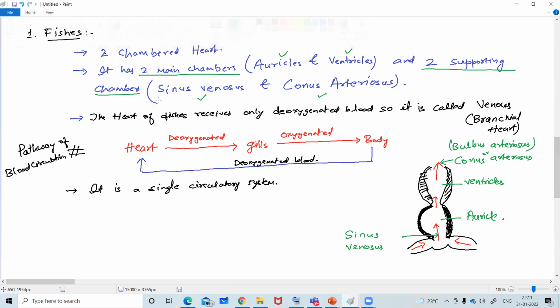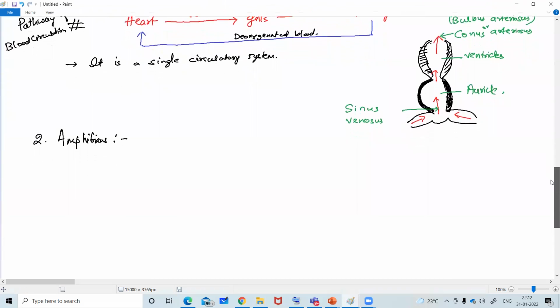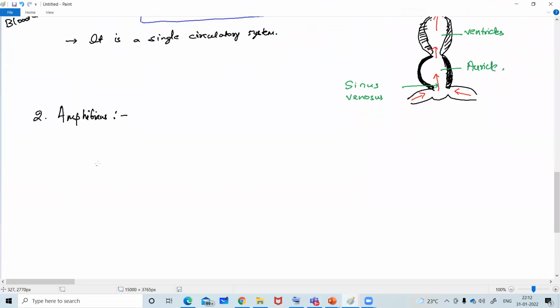Now the second type of heart, let's talk about amphibians. Fish have two, and now amphibians have three-chambered heart, right? So there's quite a slight difference in the structure as well.